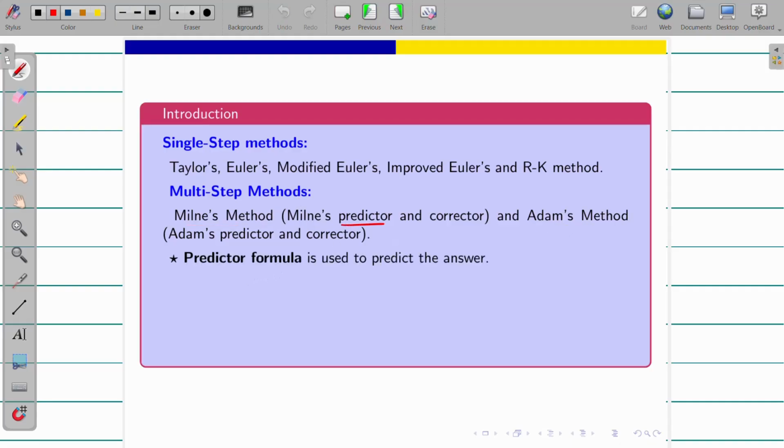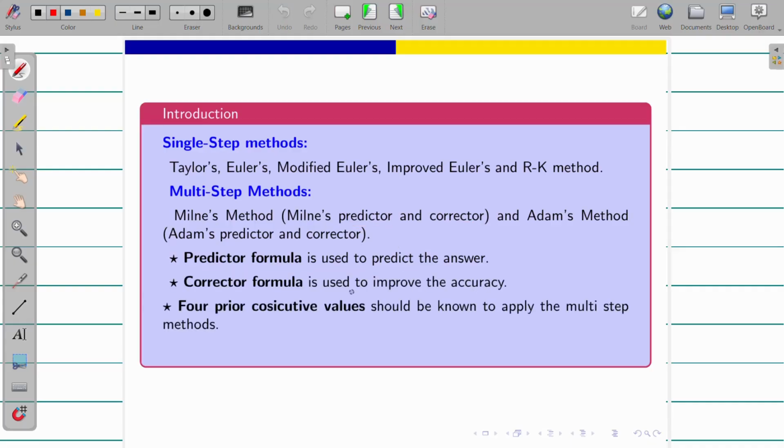In Milne's predictor and corrector, two formulae will be there. Milne predictor formula: using the predictor formula, we are going to predict the solution or answer, and we will apply that predicted one in the corrector formula to improve the accuracy.